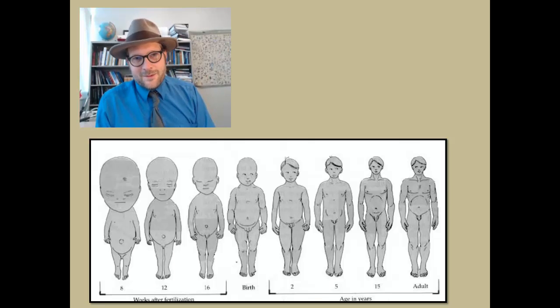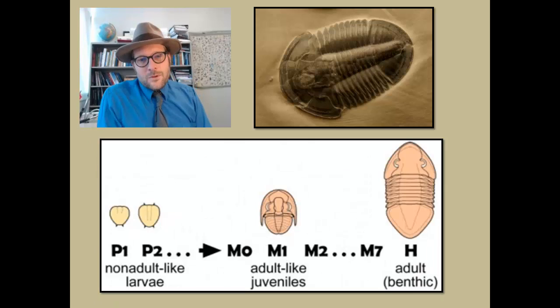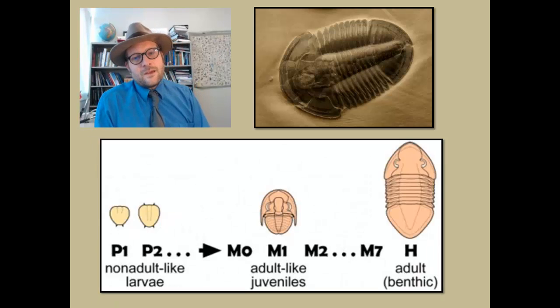So imagine that you had a bunch of series of these fossils. You would probably think humans were a bunch of different species, with the babies being completely different species than the adults. With a lot of specimens and fossils, they actually go through growth stages like we see with ladybugs. Trilobites are a good example of that. So trilobites are members of the arthropods, and arthropods have exoskeletons.